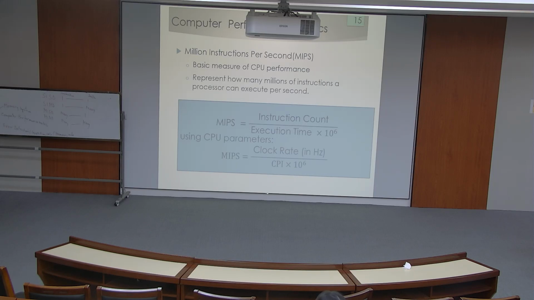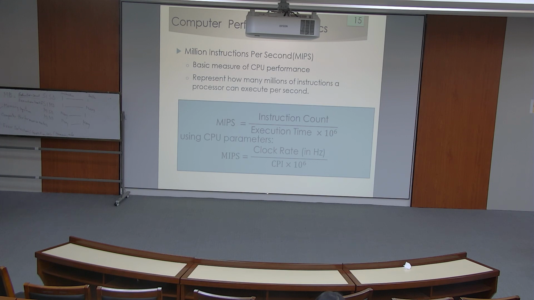Million instructions per second equals the instruction counter divided by execution time times 10 to the power of 6.